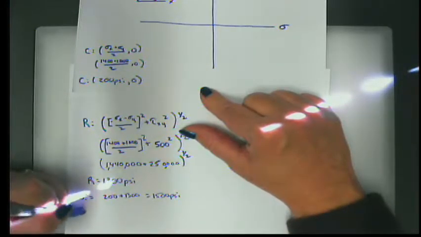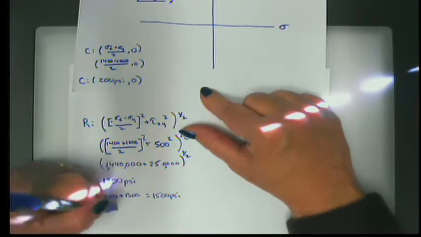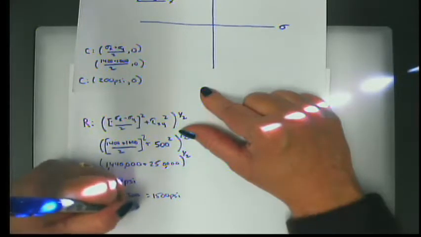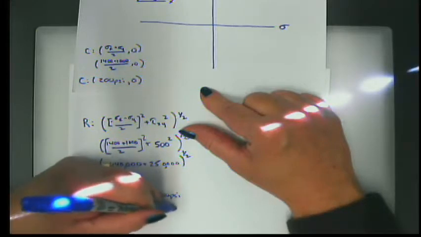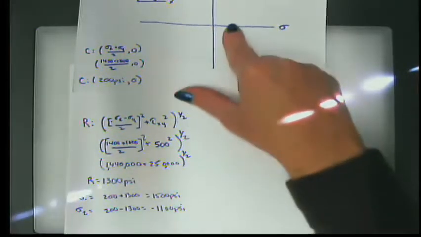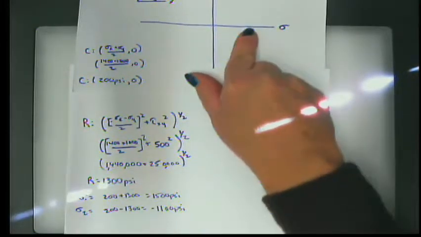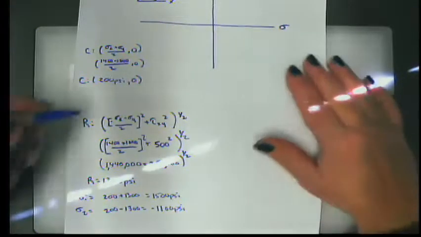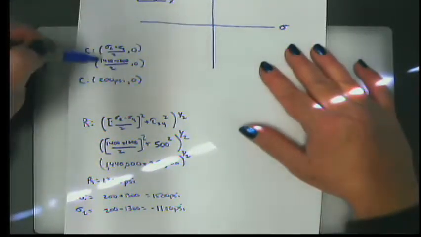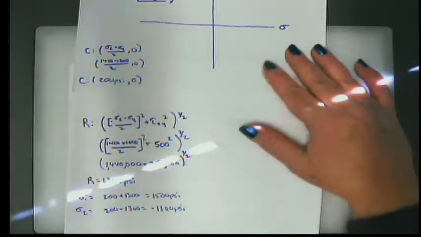My sigma 2 is going to be the center value, 200, minus the radius, which is 1,300, or negative 1,100 psi. That means that my circle is going to be from 1,500 positive to negative 1,100 on my principal axis scale, and that my tau is going to be the radius, which is 1,300.